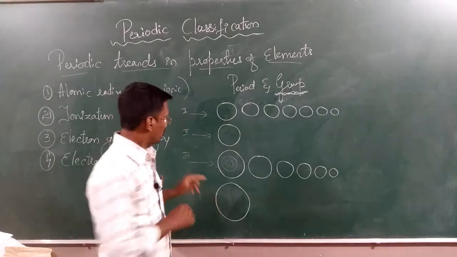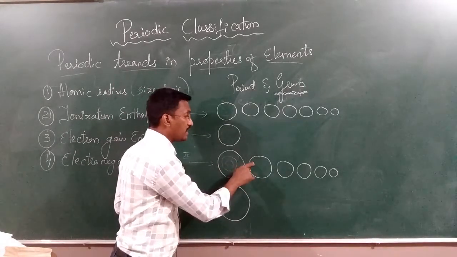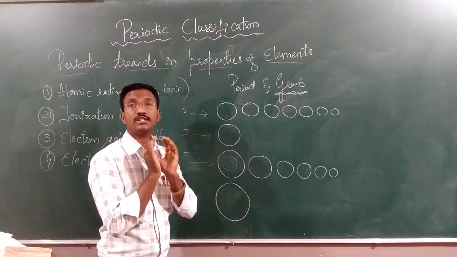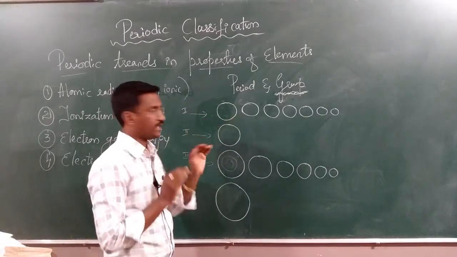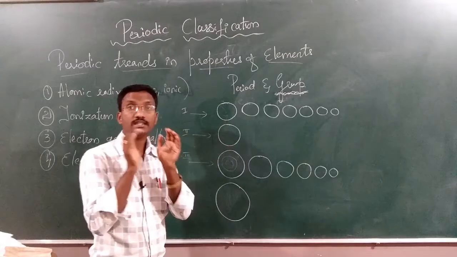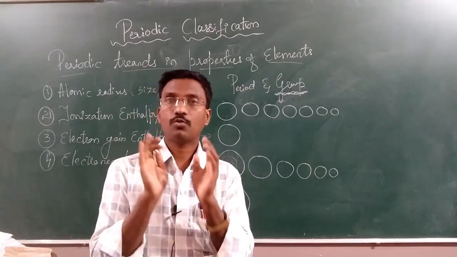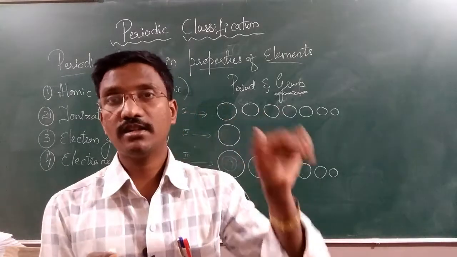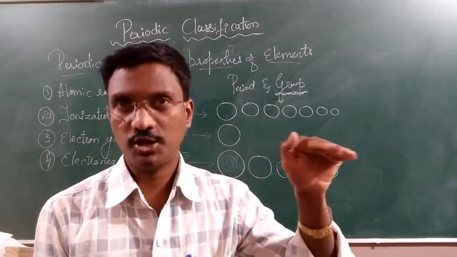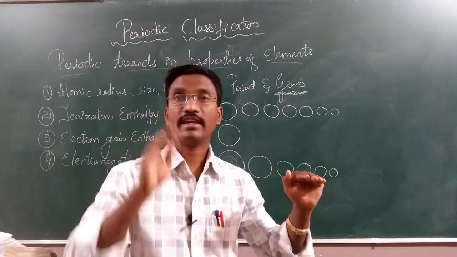Because if I look at any one period, there is no increase or decrease in the shells. The shell remains the same. In the first period only one shell is there. In the second period the electrons are filling only the second shell. In the third period the electrons fill only the third shell.